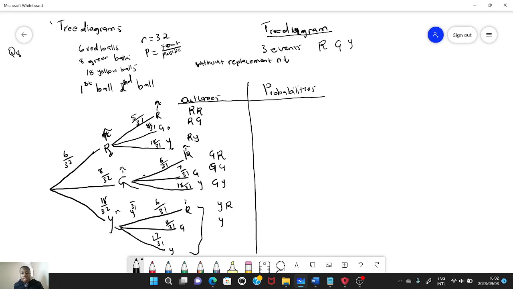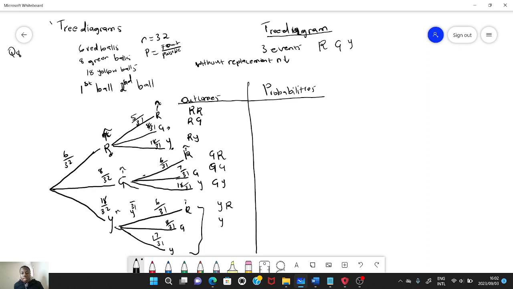The probability of choosing a green ball, and then we still end with a green ball. Now we have the probability of choosing a green ball, and then after a yellow ball. Now we start with a yellow ball and then a red ball. The probability of choosing a yellow ball after a green ball, and then lastly we have the probability of choosing a yellow ball, and then after we still choose a yellow ball.